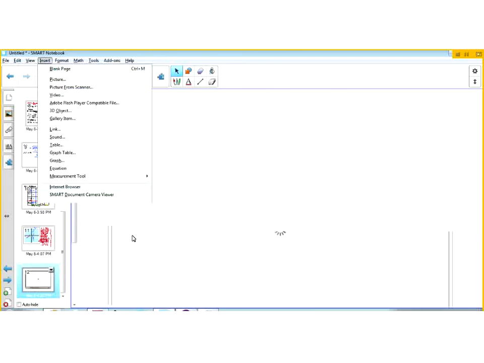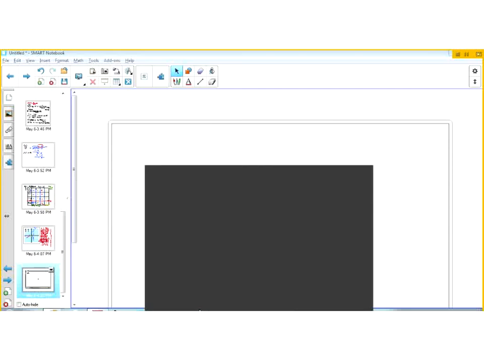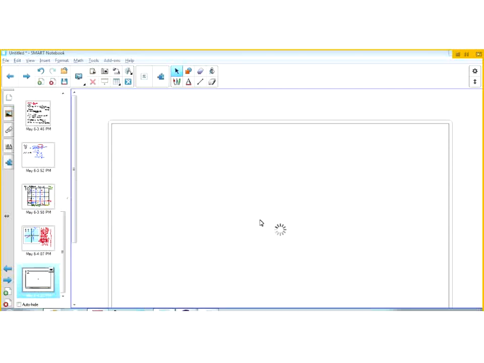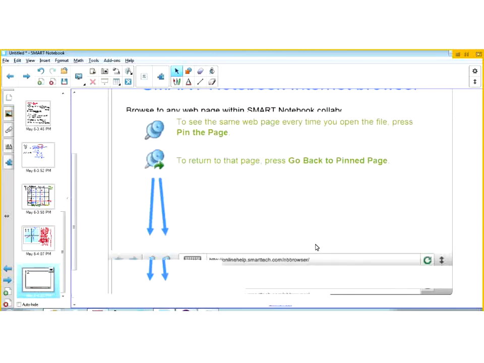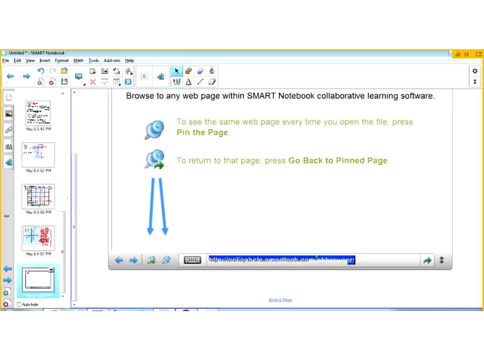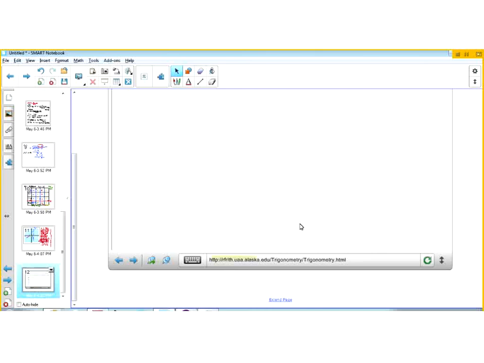But as the last act of this video, let me go to another page, insert the browser tool again, pull up the website, and pull up the graphing calculator.